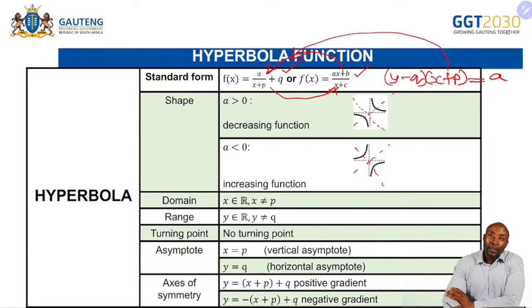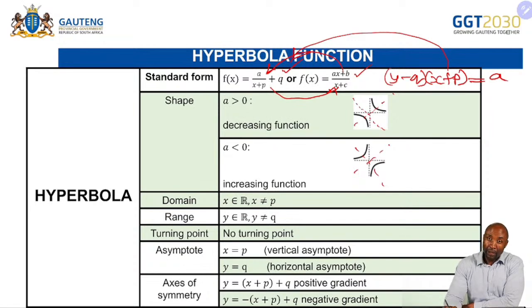Domain, we know that our function is not defined on the asymptote. Hence, when we are writing the equation of our domain, x is an element of real numbers, we exclude the equation of the asymptote. Y is an element of real numbers, we exclude the equation of the horizontal asymptote.